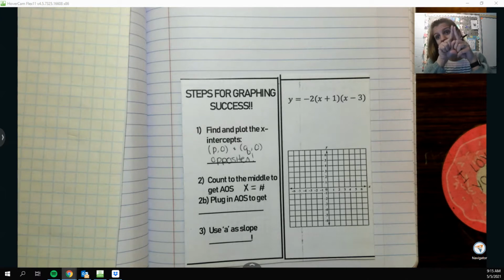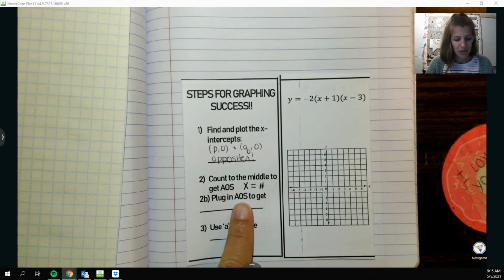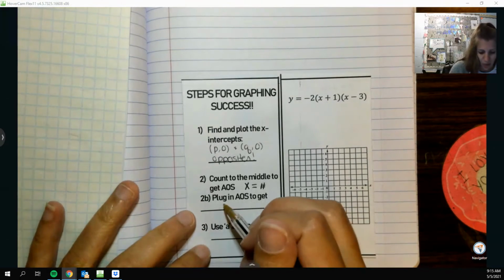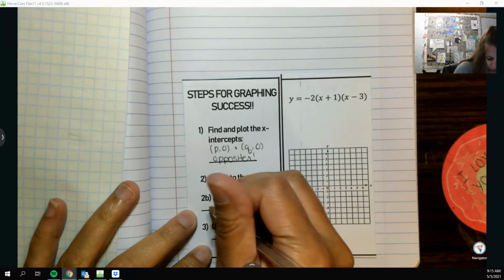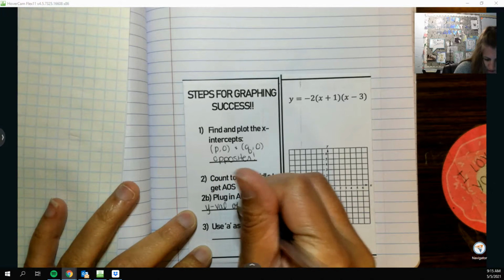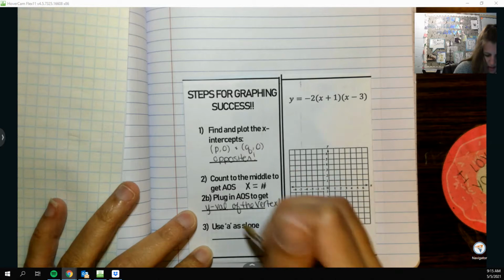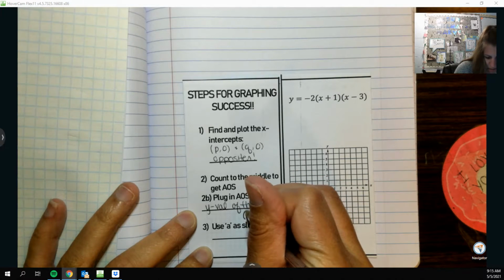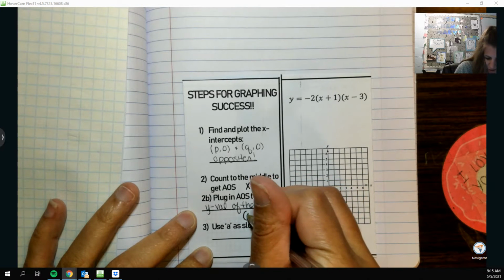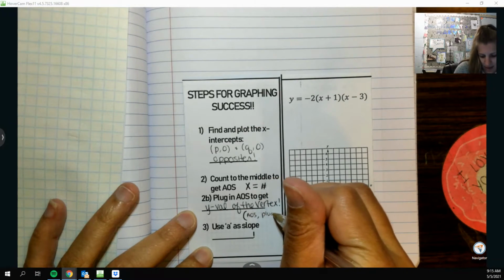And so I can figure out how high or how low that vertex is by taking my axis of symmetry and plugging it in for x. So plug in the axis of symmetry to get the y value of the vertex. So like my vertex is going to be this axis of symmetry x value, comma, whatever I got when I plugged it in.